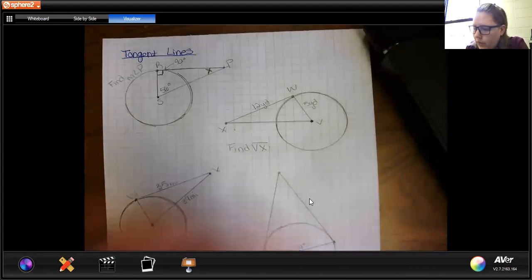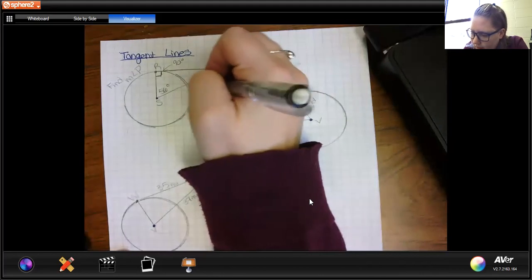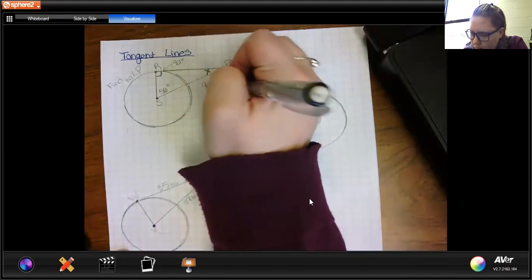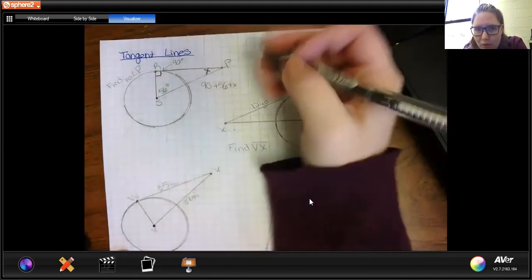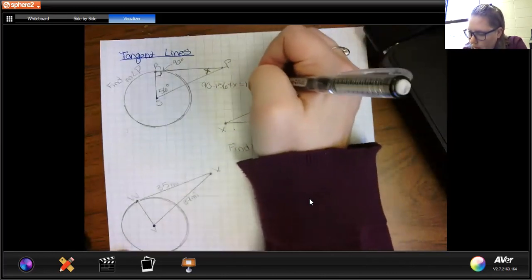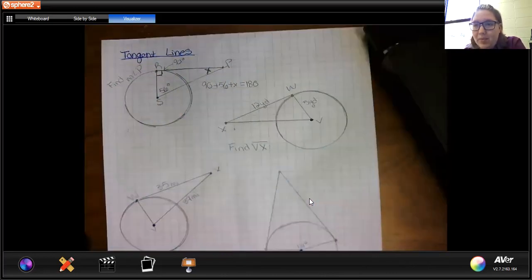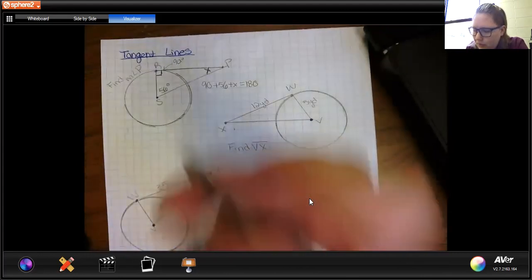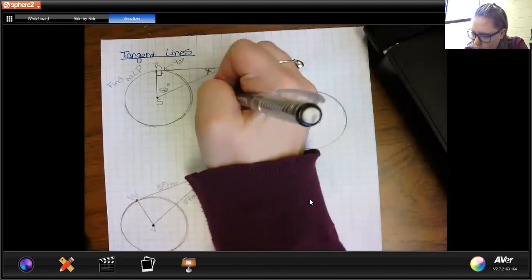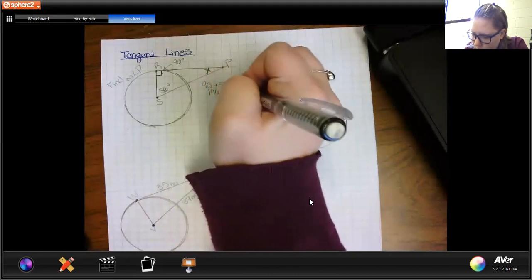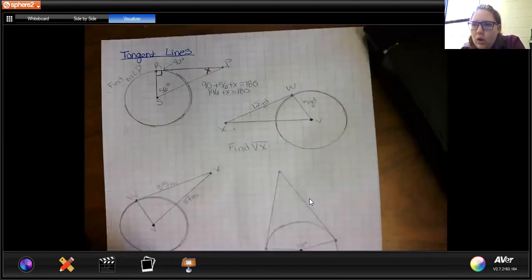So I know that 90 plus 56 plus whatever the angle I don't know is supposed to equal 180. So 90 plus 56 is 146. So what number plus 146 equals 180?